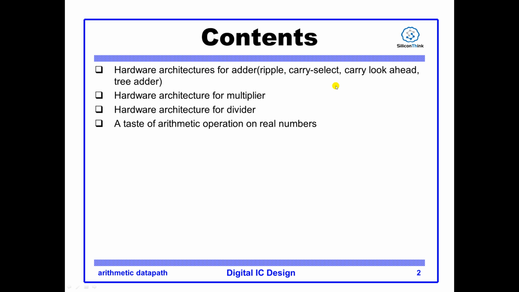This is the first key point. The second is you have to understand the idea behind these architectures. You need to understand the idea and use these ideas in your circuit design.